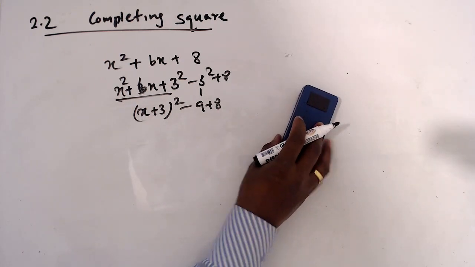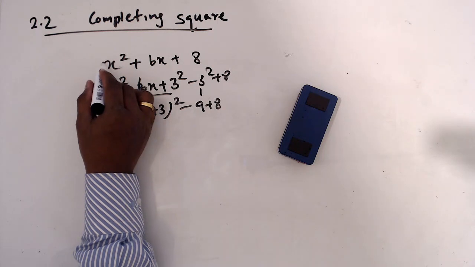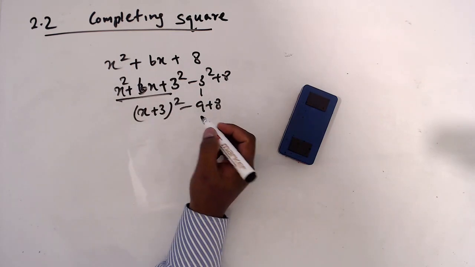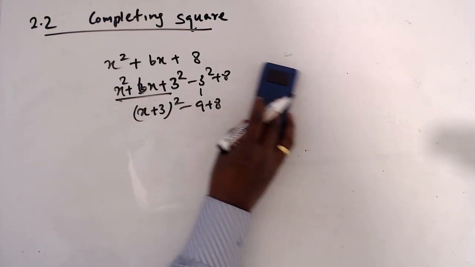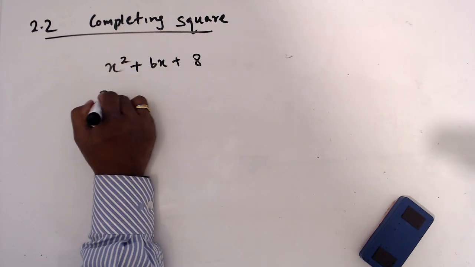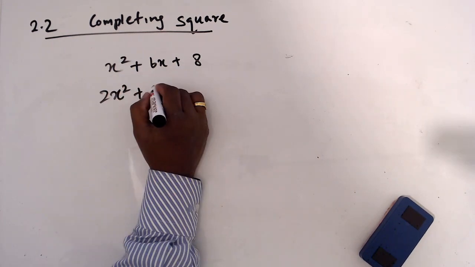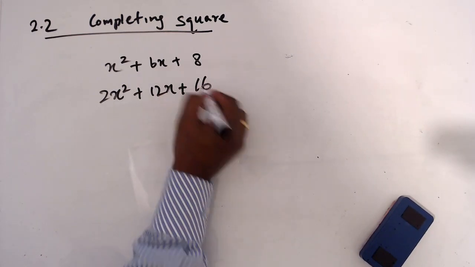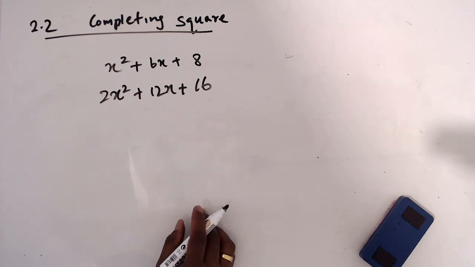Sometimes you can't always see the coefficient of x square is 1. Now here it is 1. Sometimes you may get a different coefficient, for example, if we have this one, 2x square plus 12x plus 16. How do you do this one? How do you complete the square for this one?